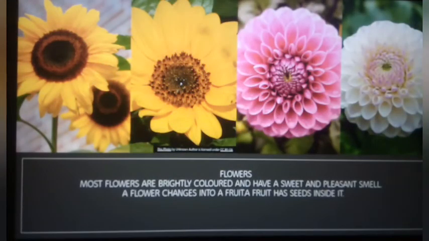Now see, the next part of the plant is the flower. You can see on the screen, many plants contain very beautiful flowers. In the picture you can see a very beautiful sunflower, and one more, and a third one.